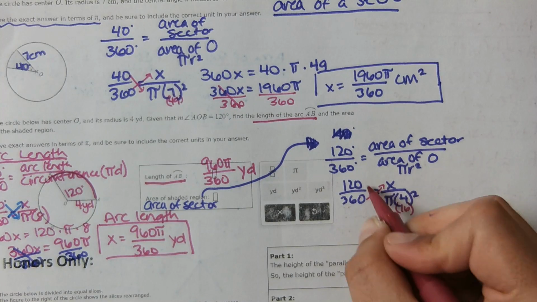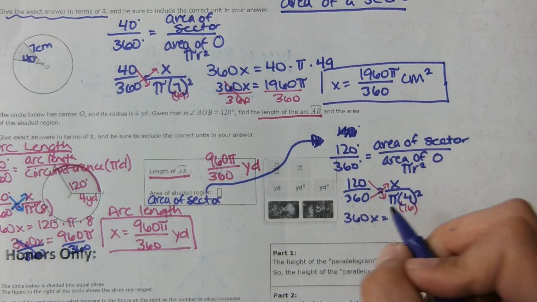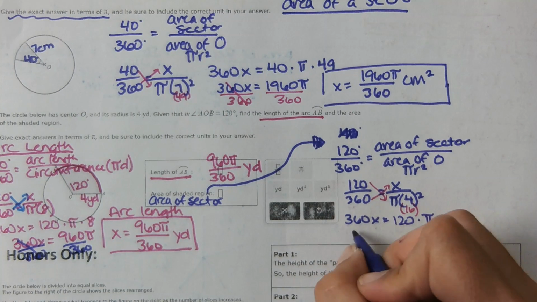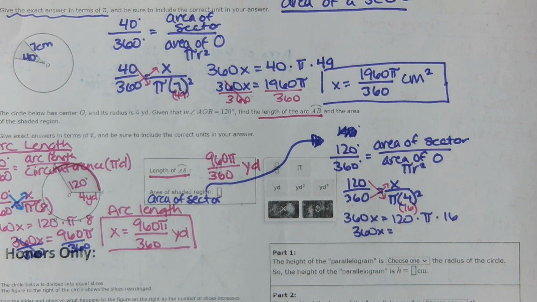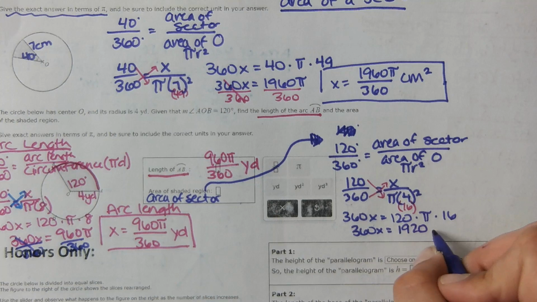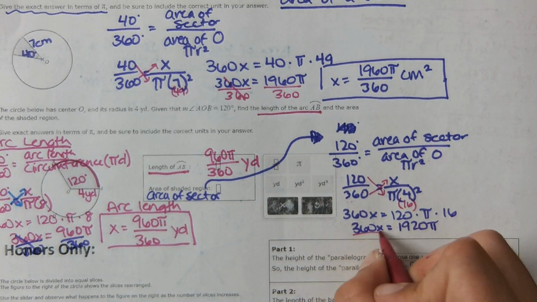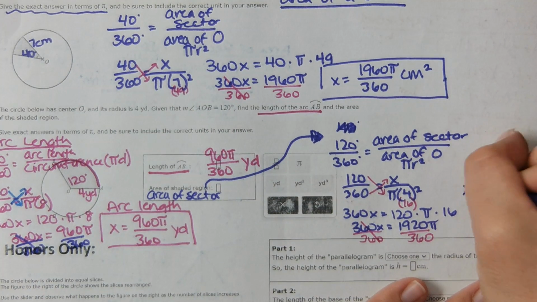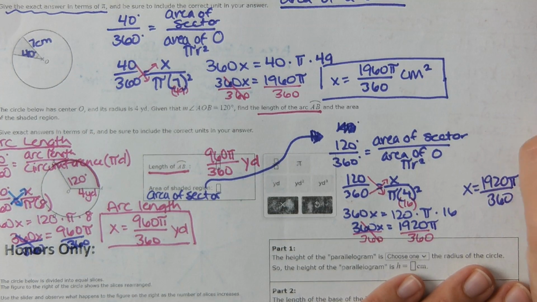And then I'm cross multiplying. 120 times pi times 16. 120 times 16 is 1920, and then pi just stays like that. Divide by 360, and we get x equals 1920 pi over 360, and it'll be yards squared for area of a sector.